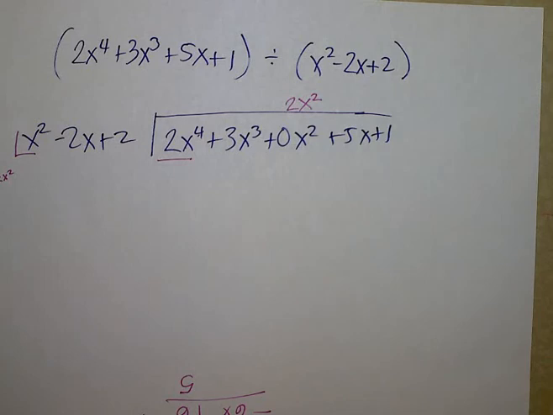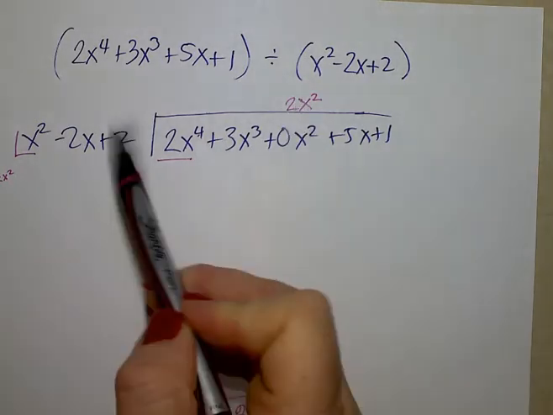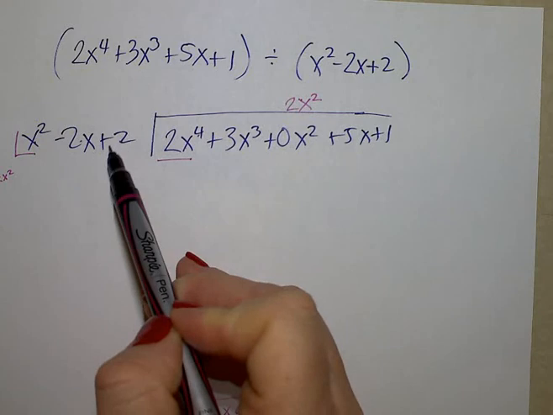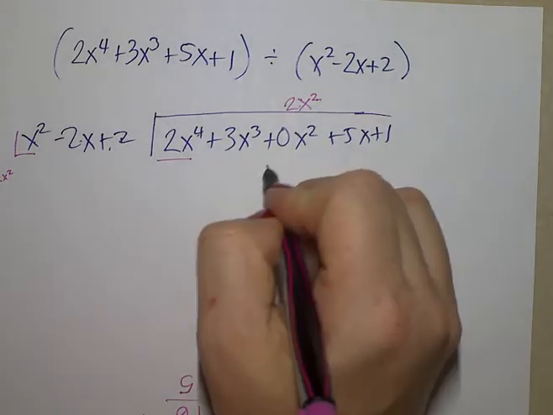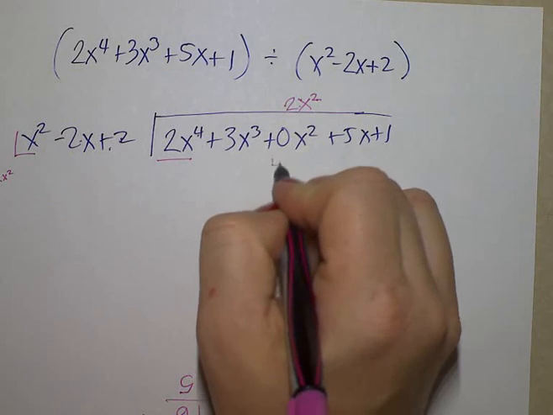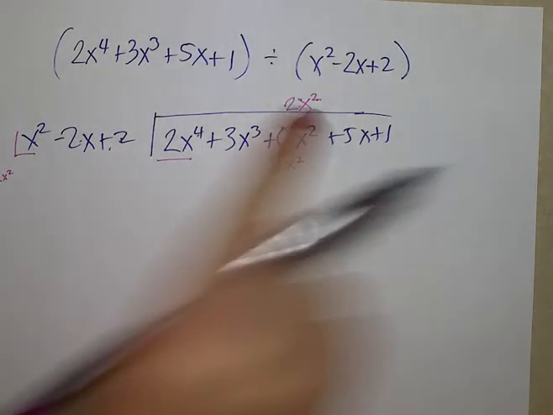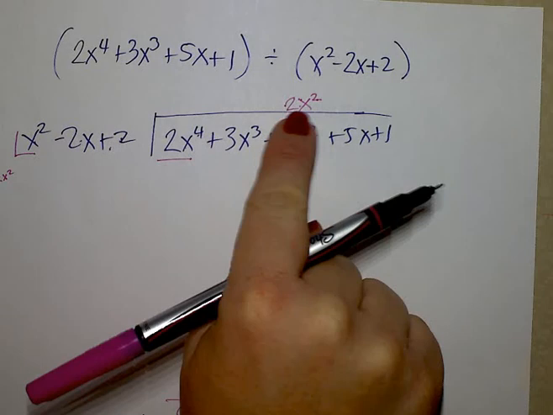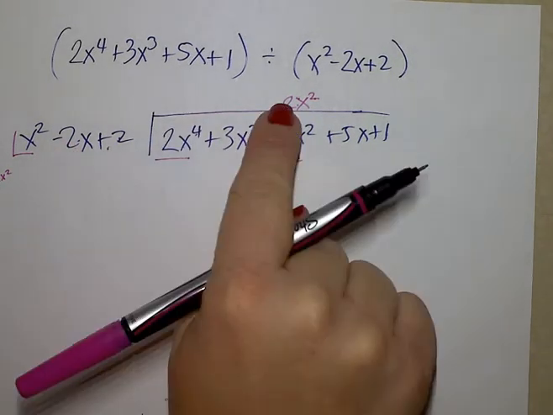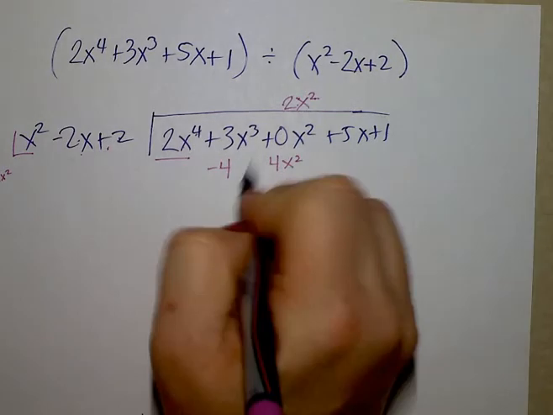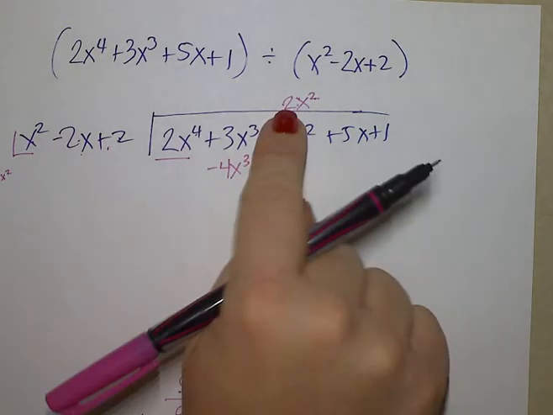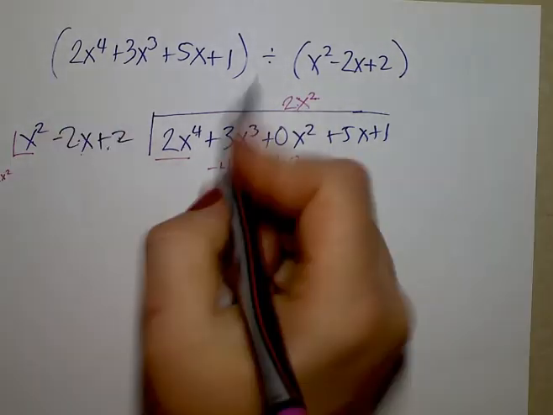Now I'm going to take this quantity, and I'm going to distribute it to each one of the terms, starting from the back. 2x squared times positive 2 is 4x squared. 2x squared times negative 2x, we're multiplying the coefficients to equal negative 4, and you have 3 x's. 2x squared times 1x squared is 2x to the fourth.